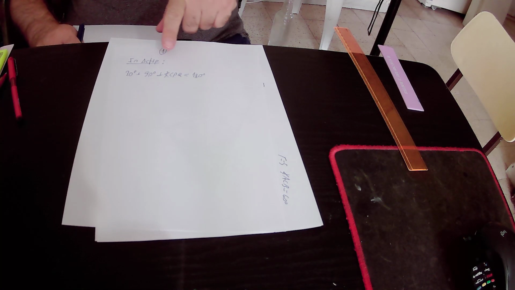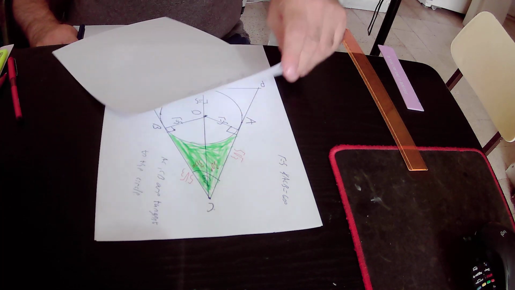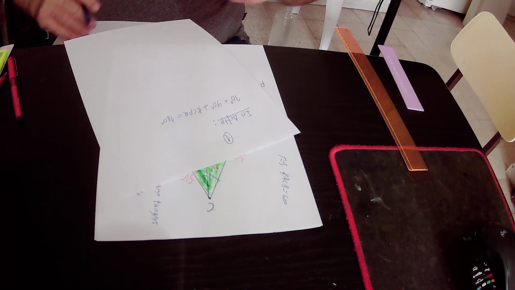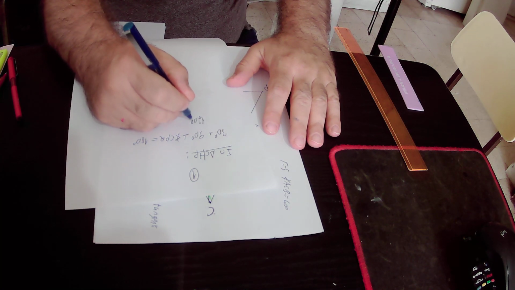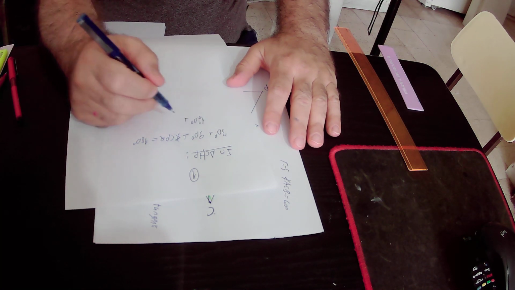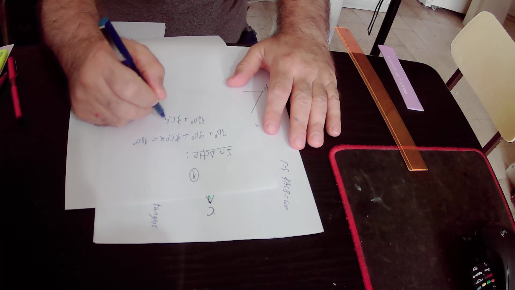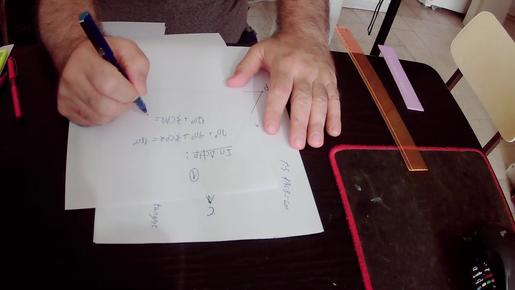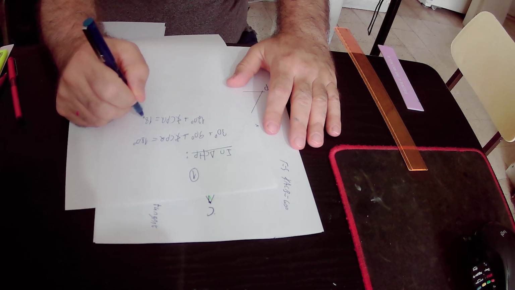So here 30 degrees plus 90 degrees is 120 degrees. So 120 degrees plus angle CPQ equals 180 degrees.